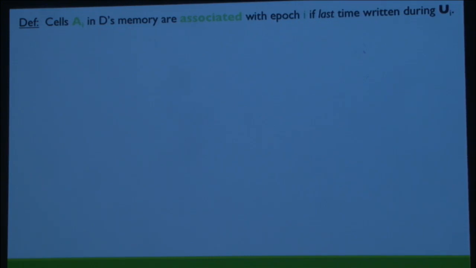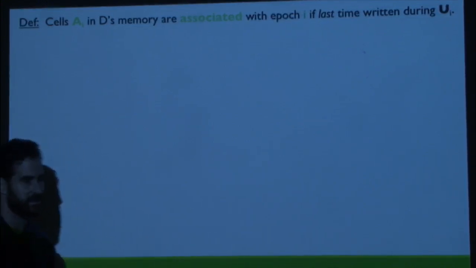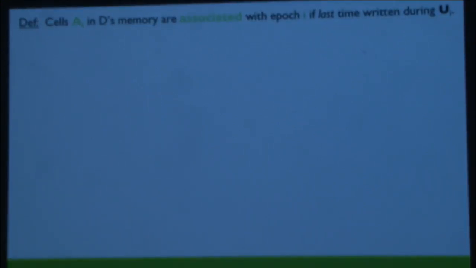A cell number 113 is associated to epoch number 12 if the last time that its content has changed, or was either read or written, was in epoch 12. You said written, but you keep saying either read or written. Yeah, you can assume it doesn't matter. Let's say read or just probed. Okay, so read or written. So it's a partition of the memory, right? It's a partition of the memory.